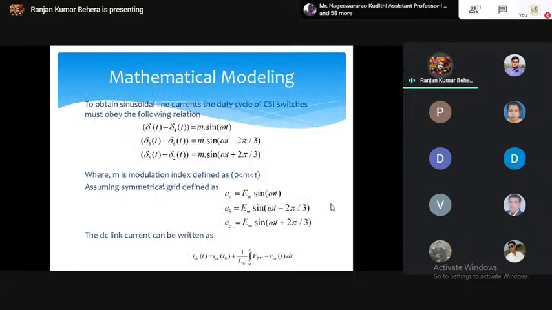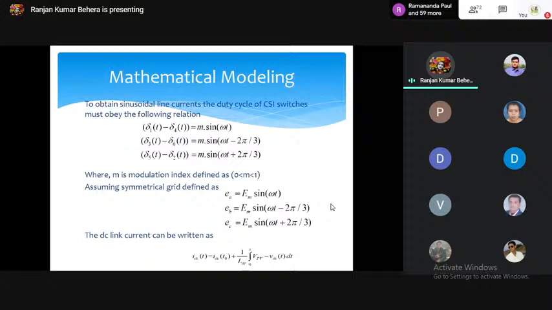Now you see here the modulation index. Here delta 1 minus delta 4 is your modulation index. When the upper switch is turned on, delta 1 is 1, and when the lower switch delta 4 is turned on, it is minus 1.